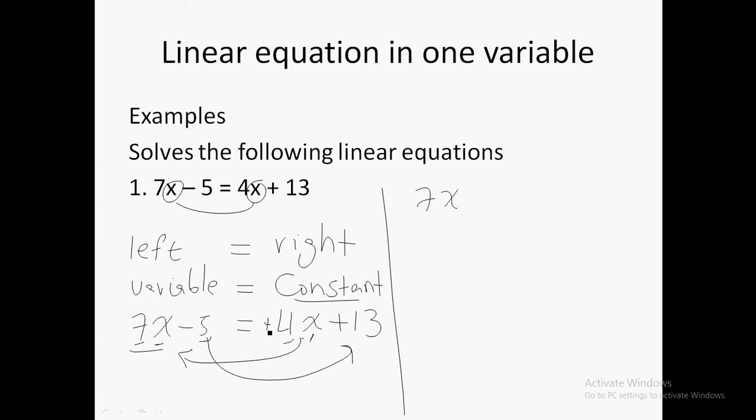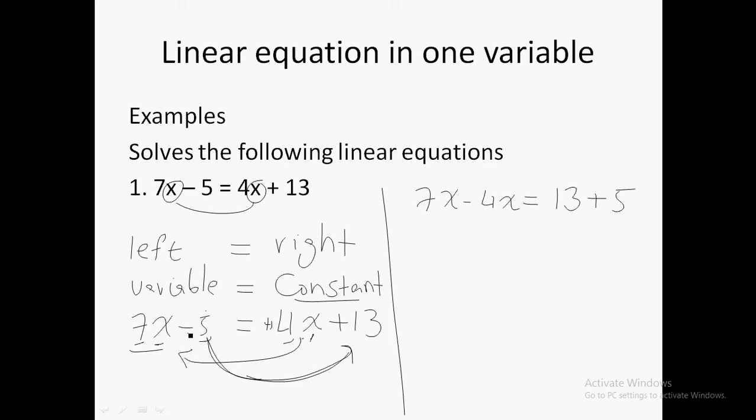Whenever we take the 4x, this plus will change into minus. So minus 4x is equal to 13. We did not take this, but the 5, we will take the 5 to the right side. So it will be plus 5. The minus on this side will be plus.